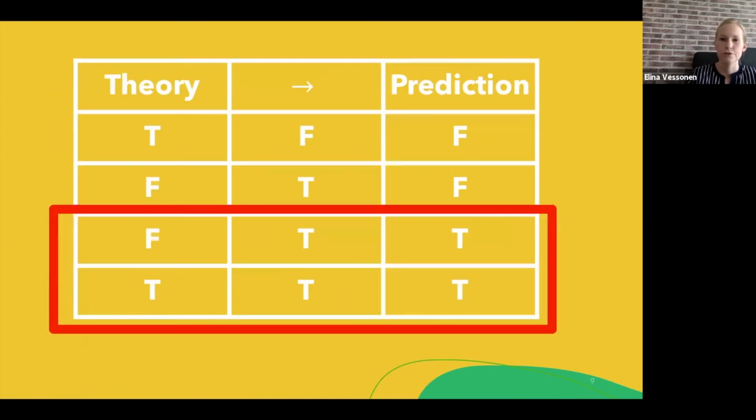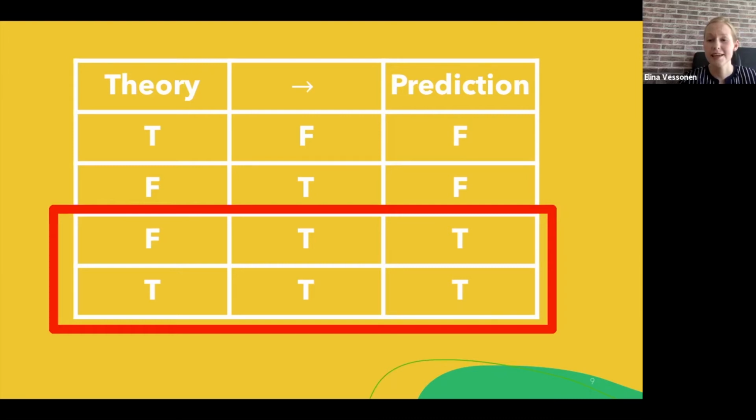To convince you of the fact that this is a fallacy, you can take a look at the truth table of if-then statements. This is one way in which you can present the truth table of an if-then statement. And so here you should look at the part of the table that I have squared with a red line.